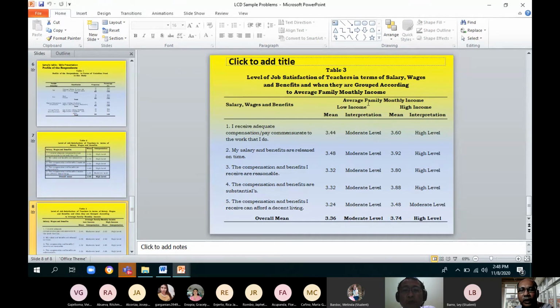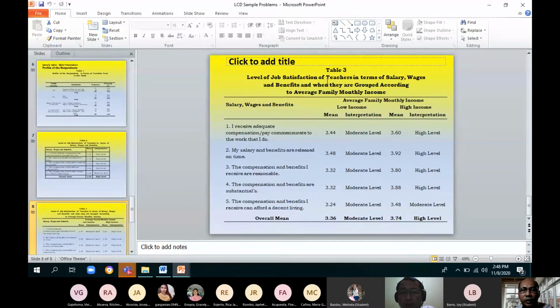For example, average family monthly income. So in average family monthly income, we categorize this into 2 categories: low income and high income. So meaning each category mayroon kayong mean kag interpretation. Sa high income is the same.